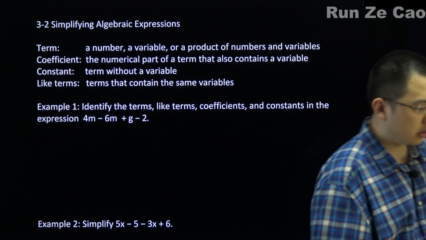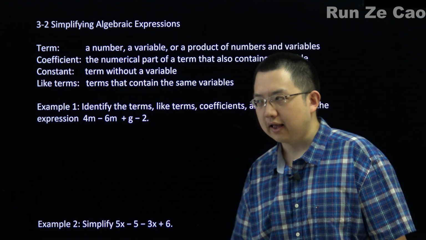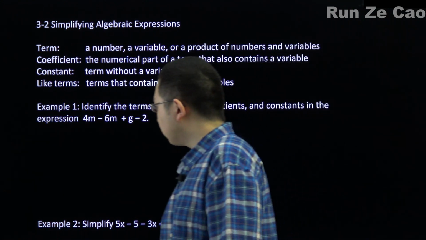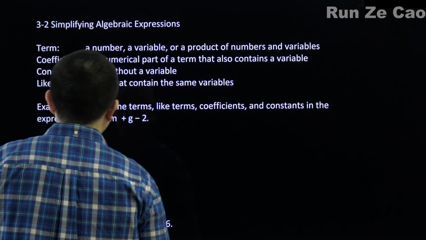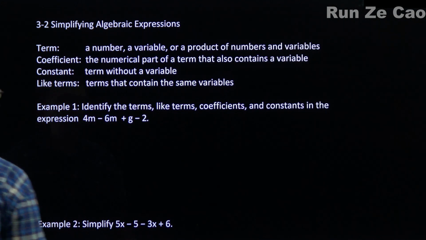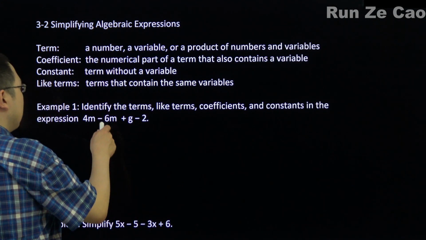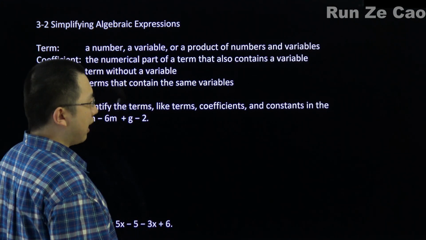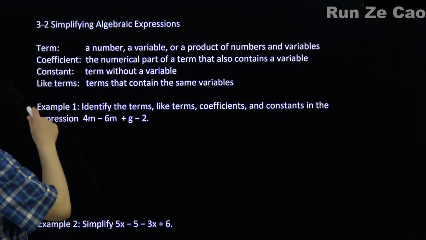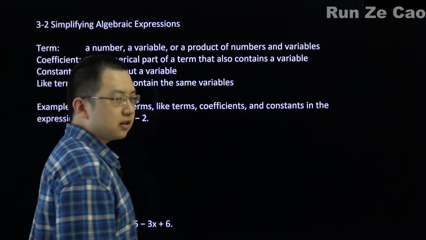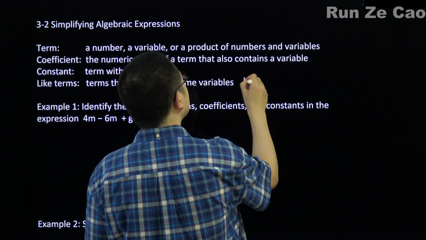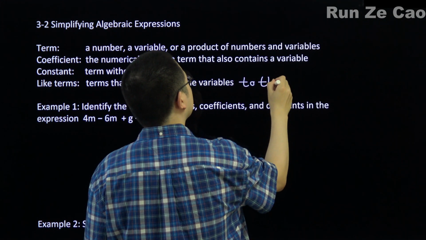If it has no variable, it's a constant term, as in it's just a value. There's no variable involved. So a coefficient is what the variable is multiplied by. Like terms contain the same variables to the same powers.